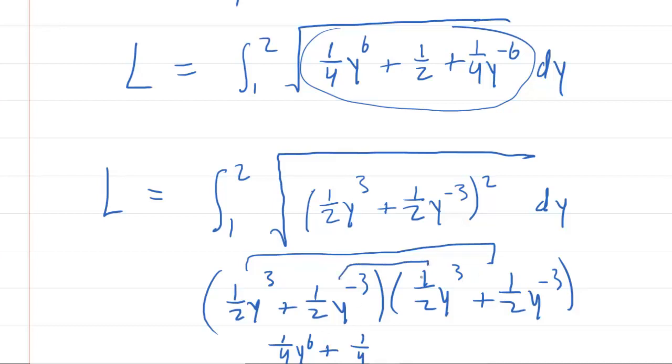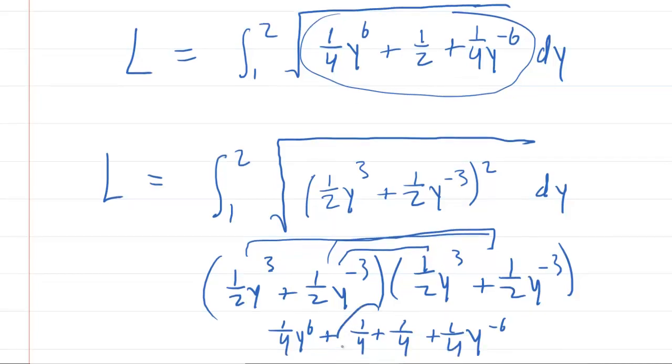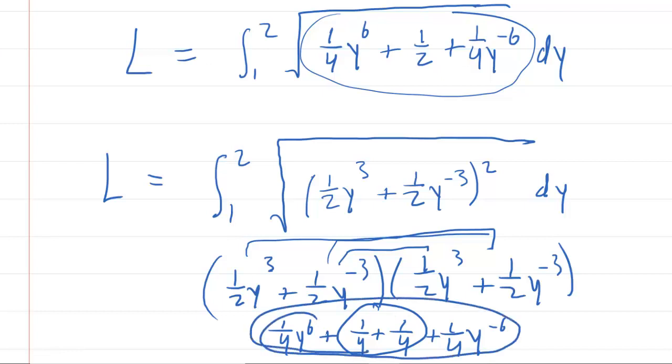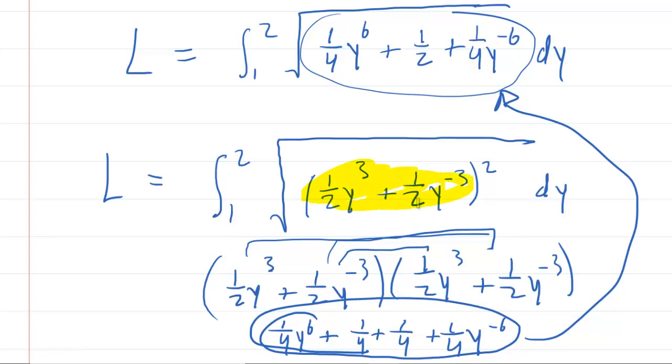You do the inner terms as well, you're going to get another 1/4, and then you do the last terms and you're going to get a 1/4 y to the negative 6. Now, the middle 1/4s, when you add those, they do indeed give you 1/2. So check it out. This expression right here that we just got after multiplying out is identical to the one underneath the square root. So it is true that we have factored this correctly.